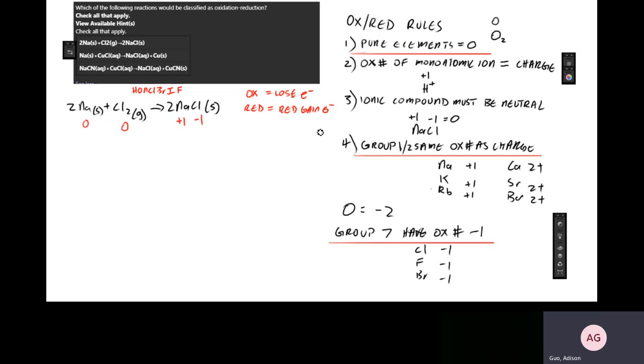So if we look at this, we can say that sodium, and you always refer to the reactant side, sodium oxidized because it lost an electron. Does that make sense? And we can say the opposite is true for chlorine. Chlorine reduced. So for our first one, we can say that this is an oxidation reduction reaction.